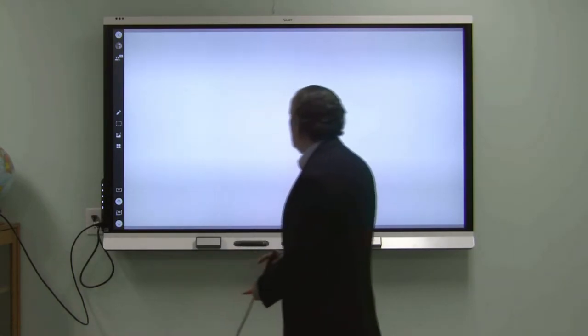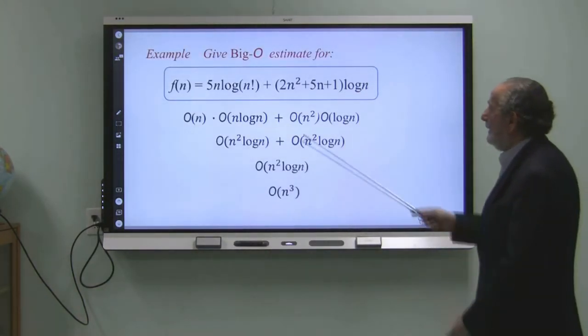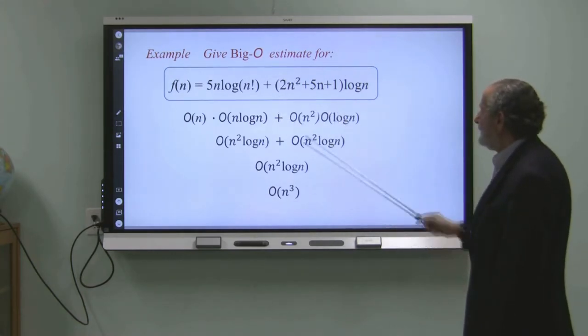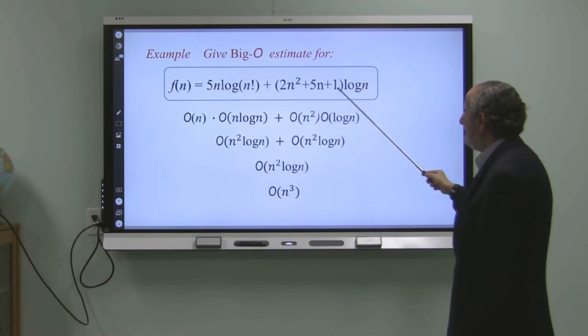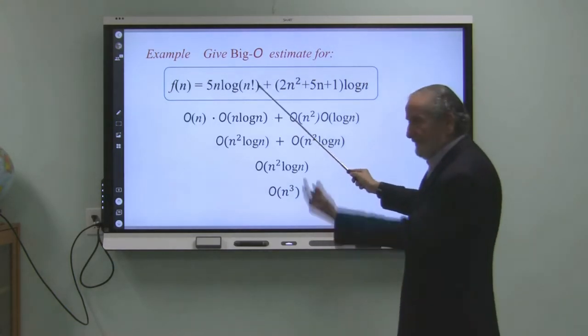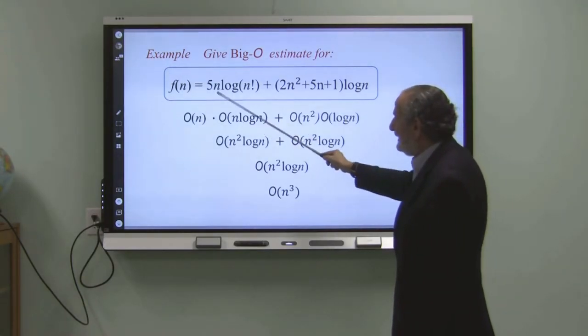Okay, now we are going to do some examples here. Give big O estimates for this function here. See, this piece here is big O n squared. Log n, you times these two. Log factorial n, we just found earlier that it's big O n log n. 5n is big O n.